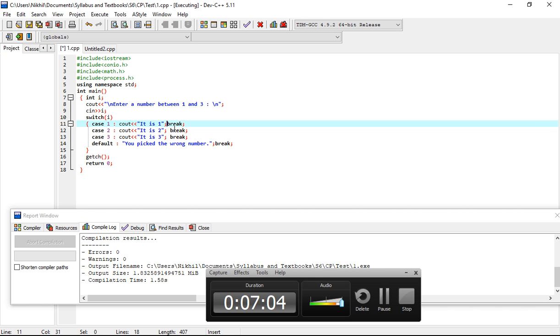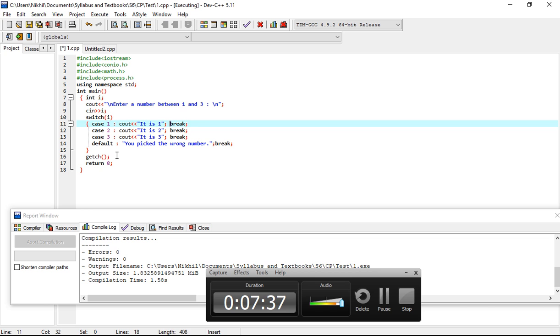So in short, in this session we learned first about math functions, the different mathematical functions that we can carry out in C++. Then we learned about jump statements. The first one being exit, which helps us to exit the program at any point of time. The second being continue, which helps us to skip some chunks of code in a for loop or in any kind of loop and go on to the next iteration.